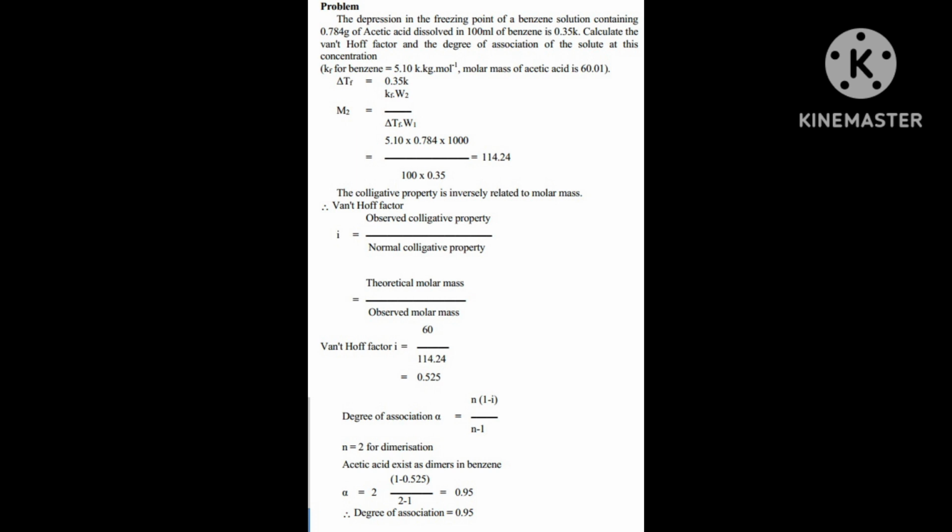It will give x mole acetate ion and x mole hydrogen ion, equal numbers of cation and anion. And what will remain in solution? 1 minus x will remain as acetic acid.